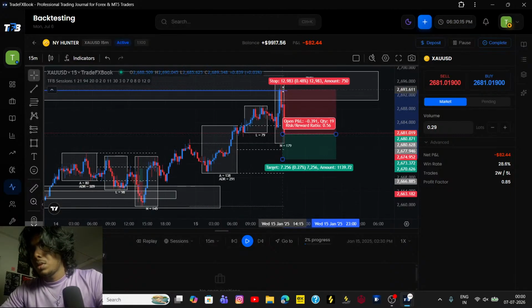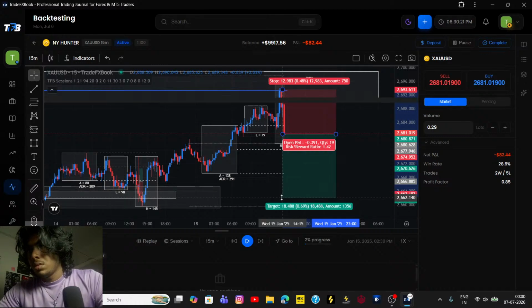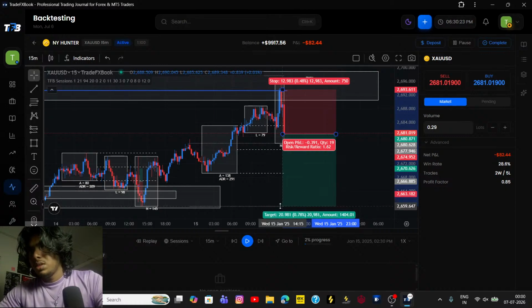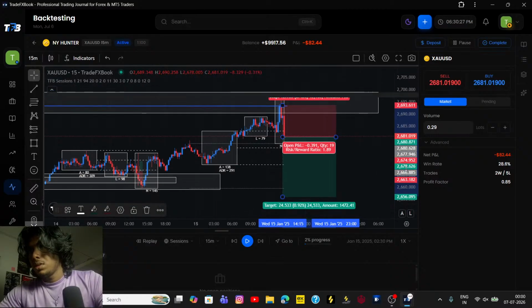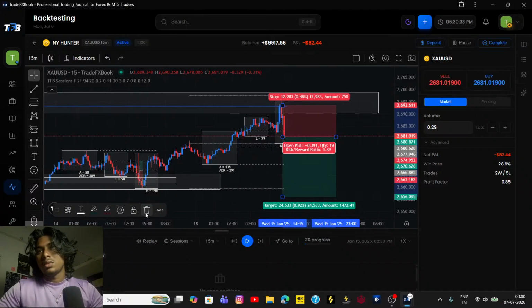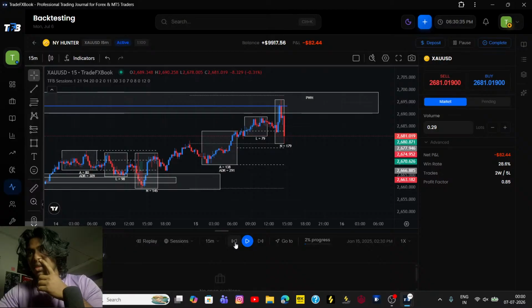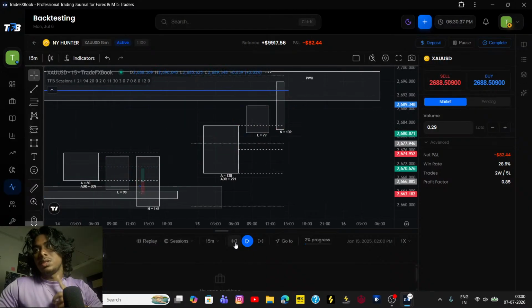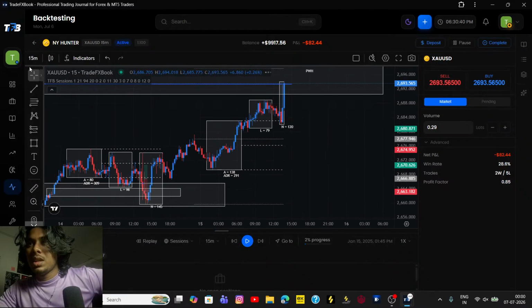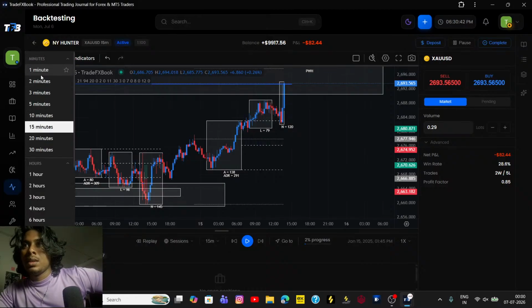Short SL. TP is, I think it's hard to hit. Let's see. Sorry, I was in 15-minute time frame. I made a mistake. I have to shift to 1 minute time frame.